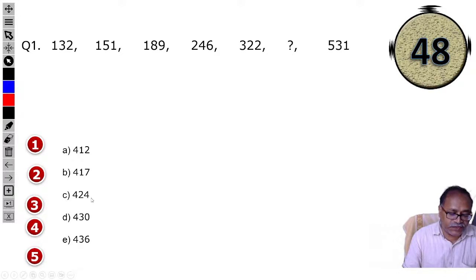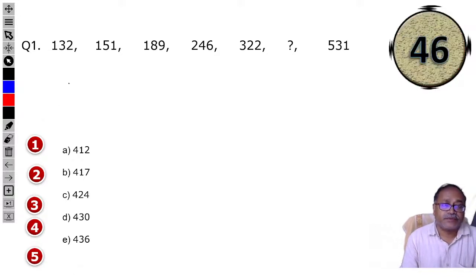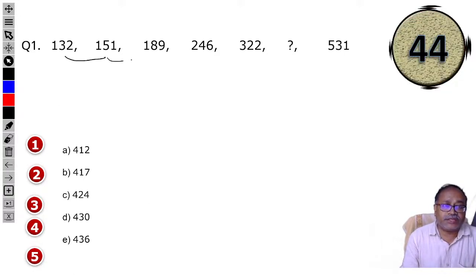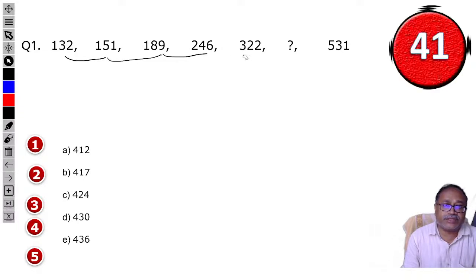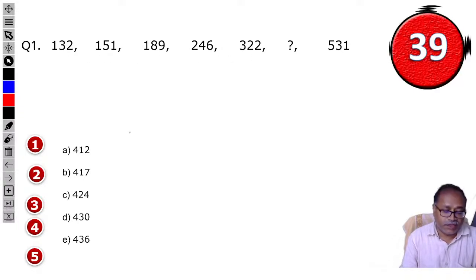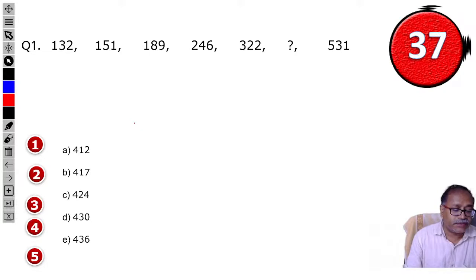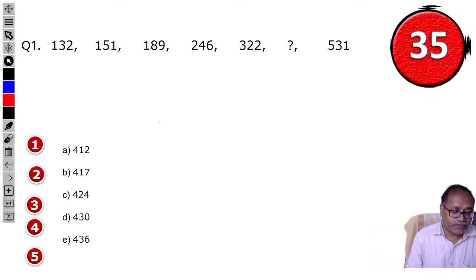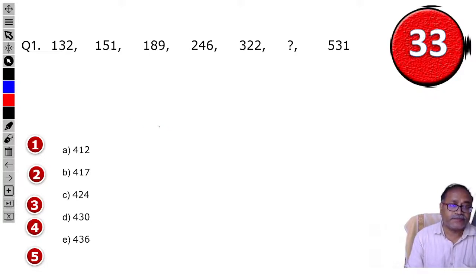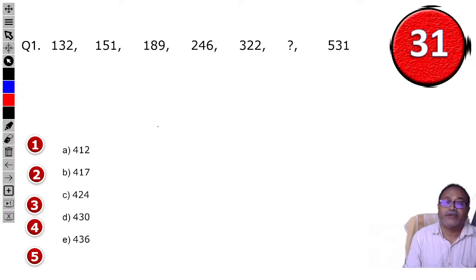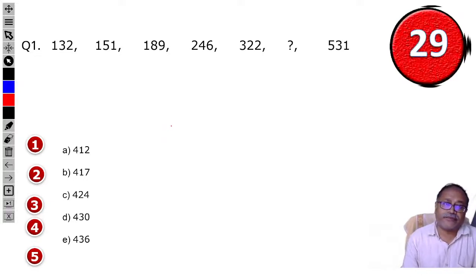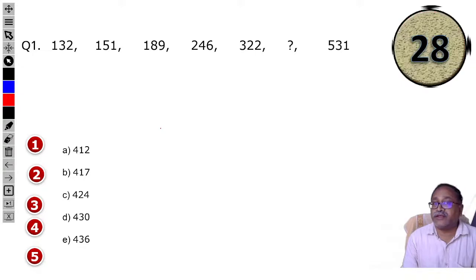Who answers first? You can see that it's increased, increased, increased, increased. Apply the basic logic based on difference. With these 5 questions on number series, we will conclude. Again, we will come with another 10 questions.